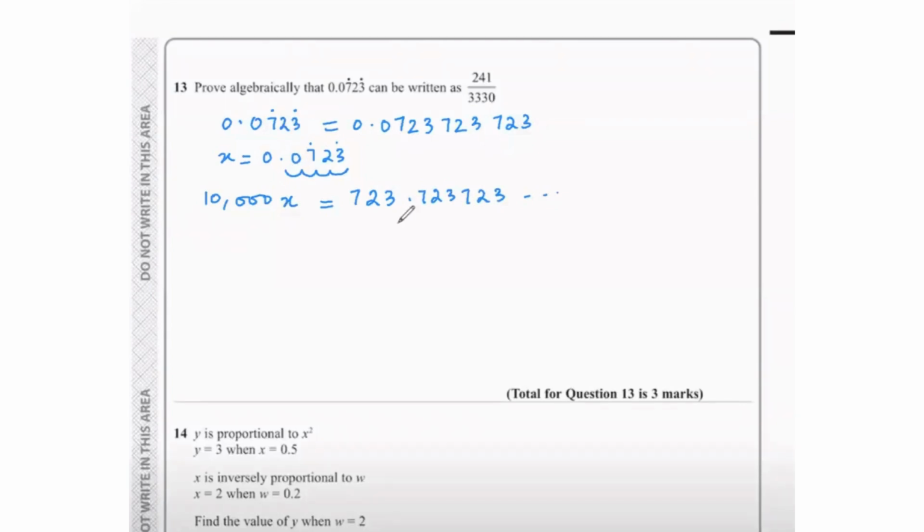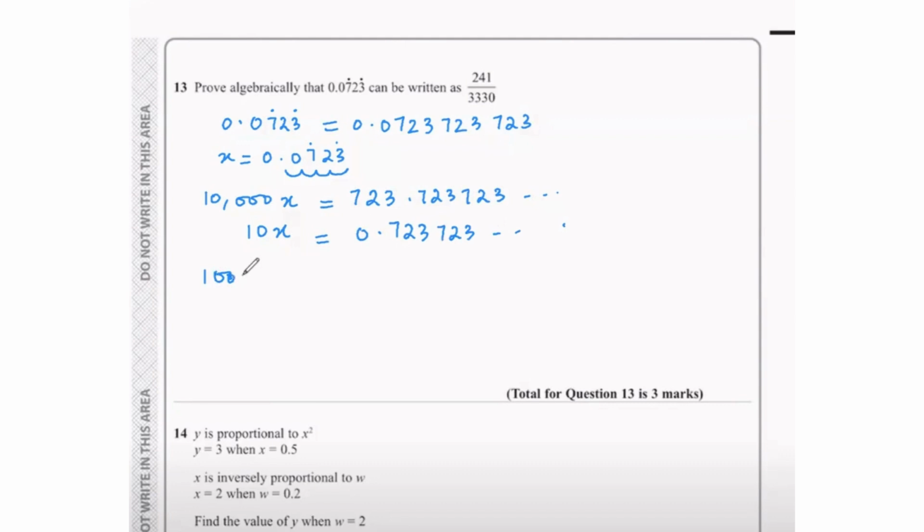Okay. So now the goal is to get rid of the digits after the decimal. And that can be done if we multiply x with 10. That's going to be 0.723, 723, and so on.